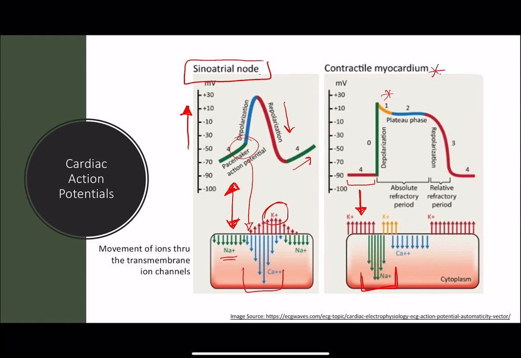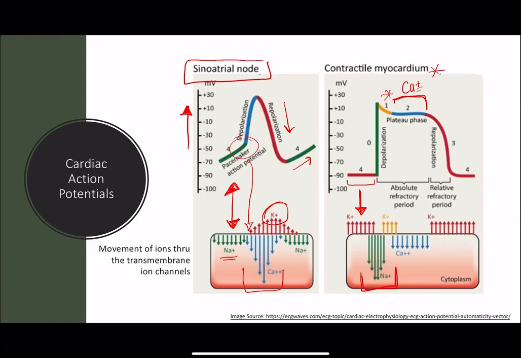The big difference between a myocyte and a nerve is that in both situations, the fast-acting sodium channels close very rapidly. But unlike a nerve, this plateau phase is related to calcium channels, which are not there in the nerve.